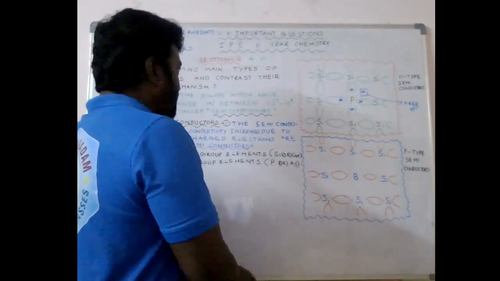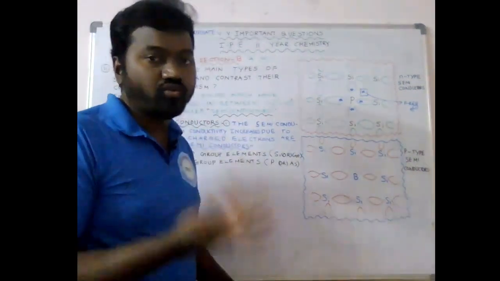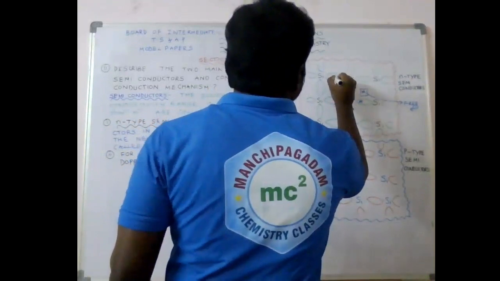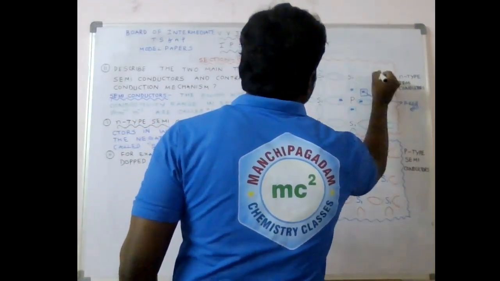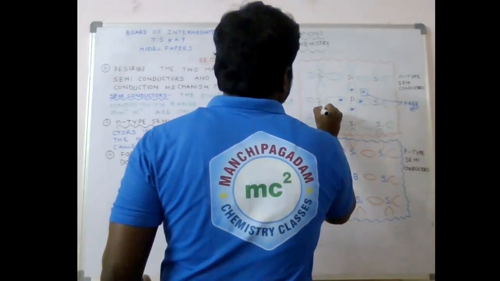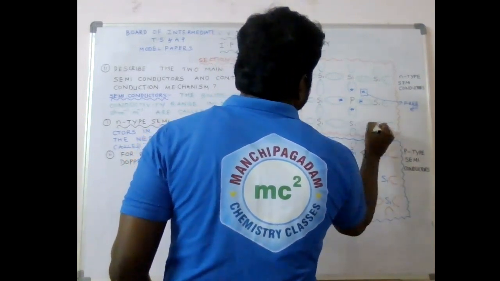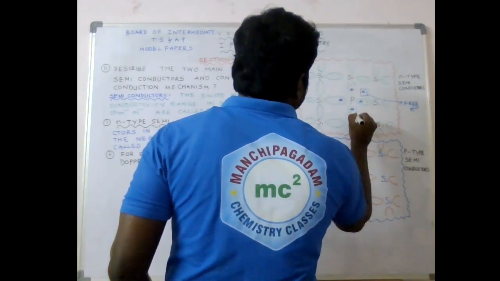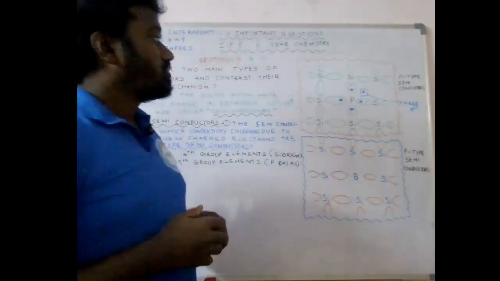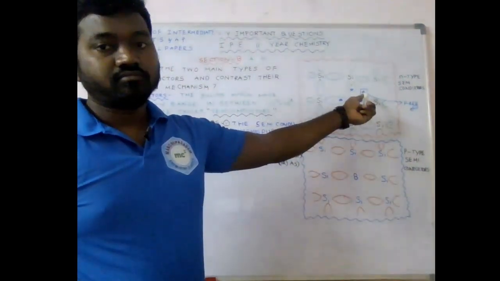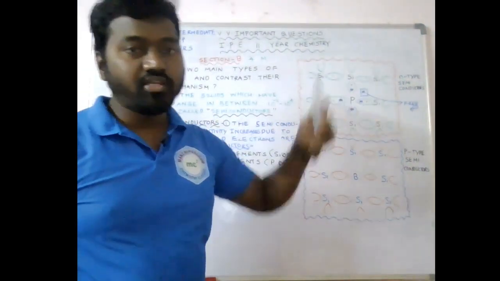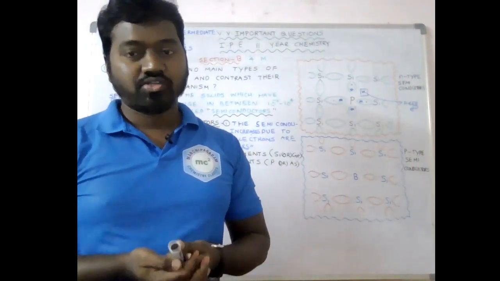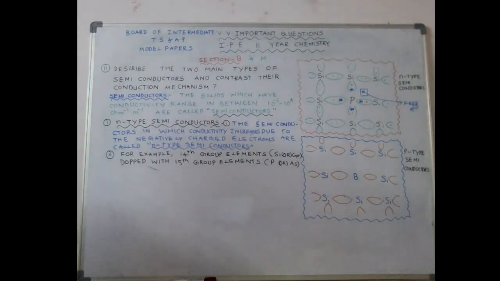Remaining all the silicons have 4 valence electrons, so all of them will make bonds like this. Here we have to concentrate on the phosphorus valence electrons, that is important. Here 1, 2, 3, 4. So this one is alone now, the free electron. That free electron will increase the conductivity. So the negatively charged electron increases the conductivity. That is why this type of semiconductor is called N-type semiconductor.